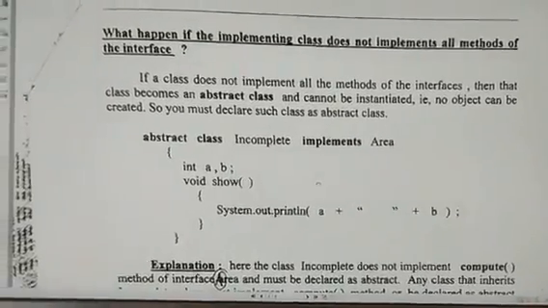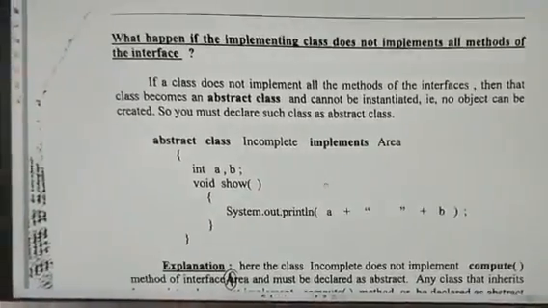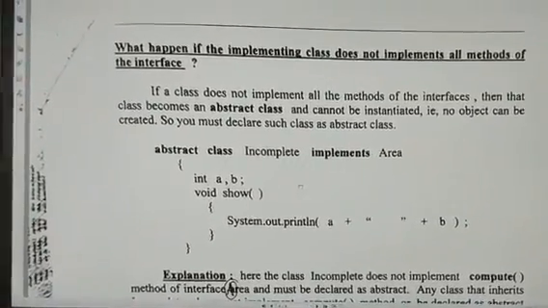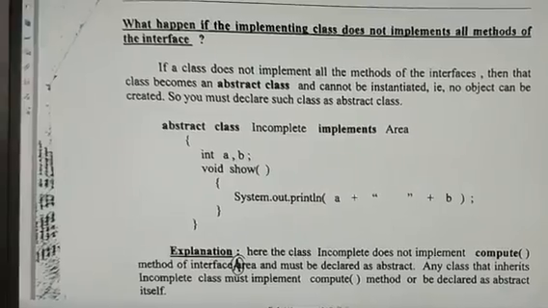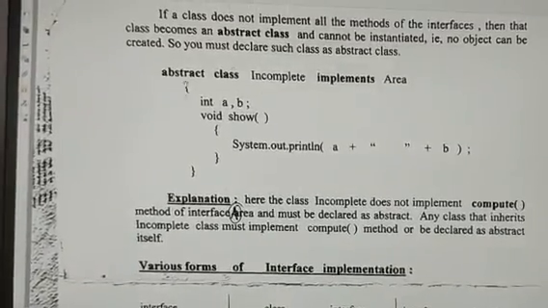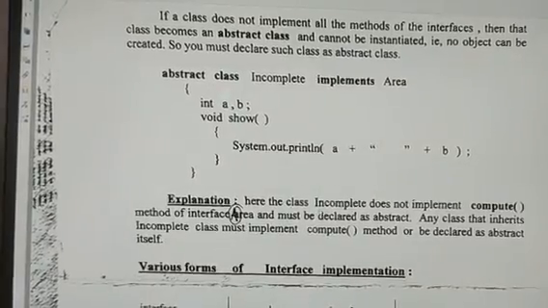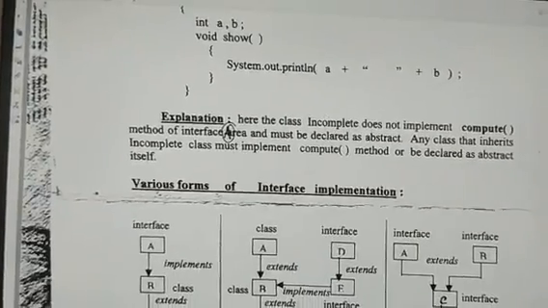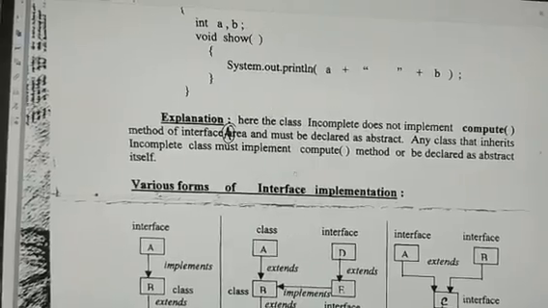This is the main difference. Here we write abstract, and in an interface we write interface. An abstract class is extended whereas an interface is implemented. I am not going into details of that.